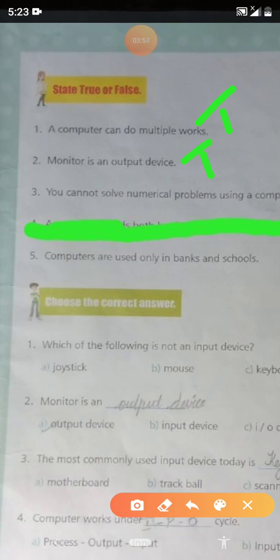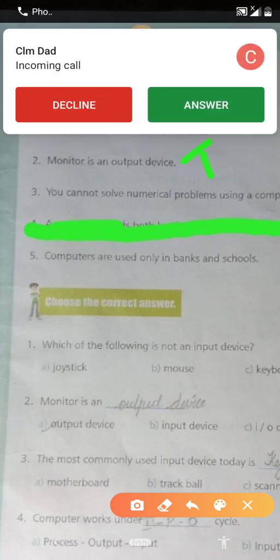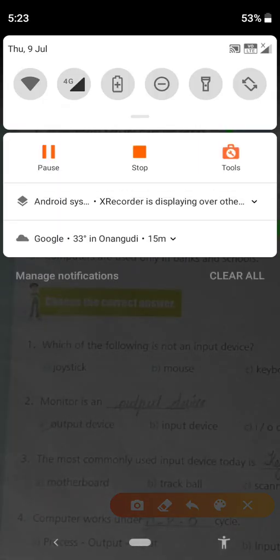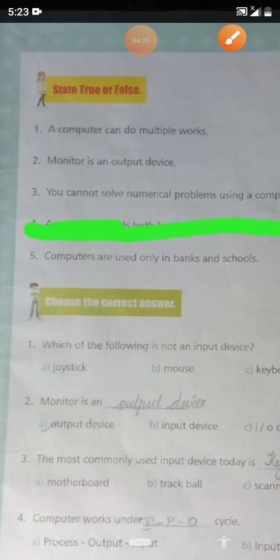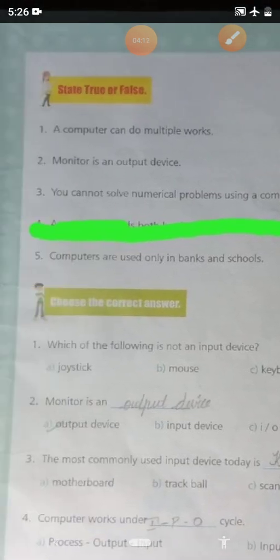Okay, next, third one, you cannot solve numerical problems using a computer. So in this question, they are telling it cannot do numerical problems. No, it can do. So it is false.